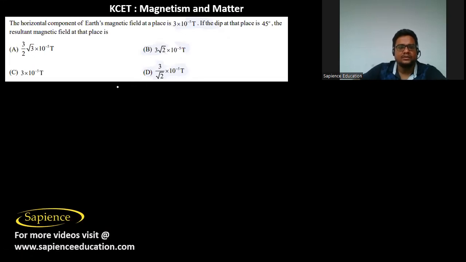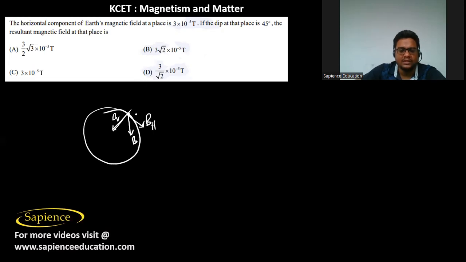Then here it is told the horizontal component of the Earth's magnetic field at a place. If the resultant magnetic field is B, then we can take its two components: one is BV and one is BH. BH is the horizontal component of the Earth's magnetic field at that place.